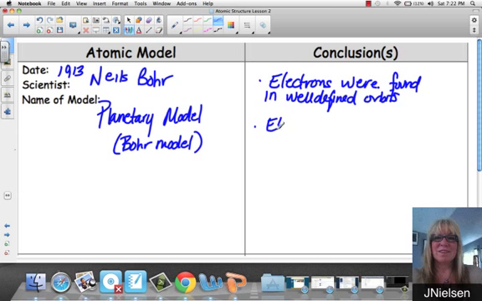He also said that electrons in each orbit have a definite amount of energy.